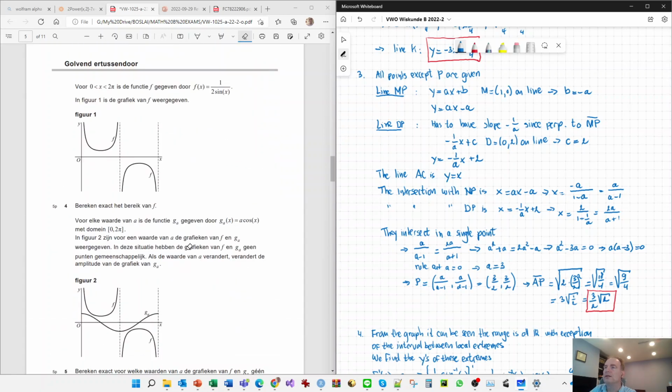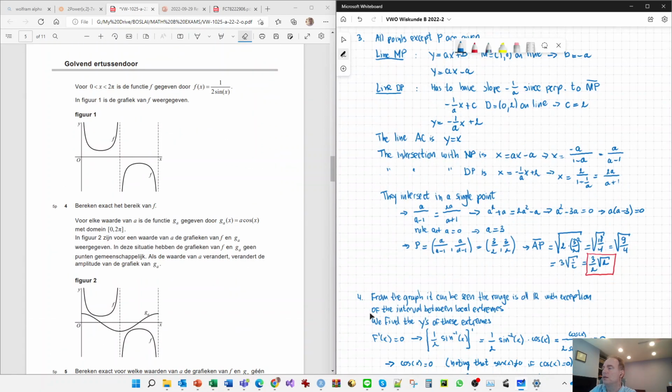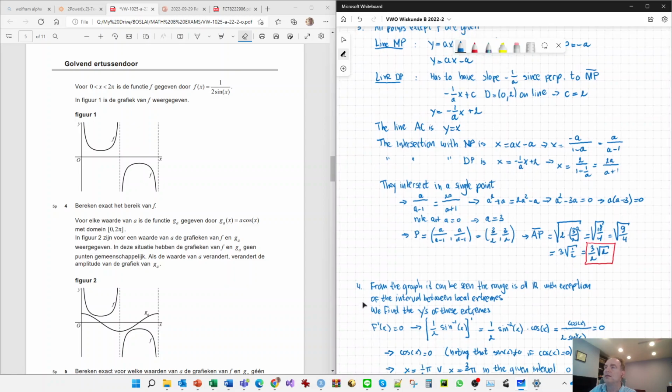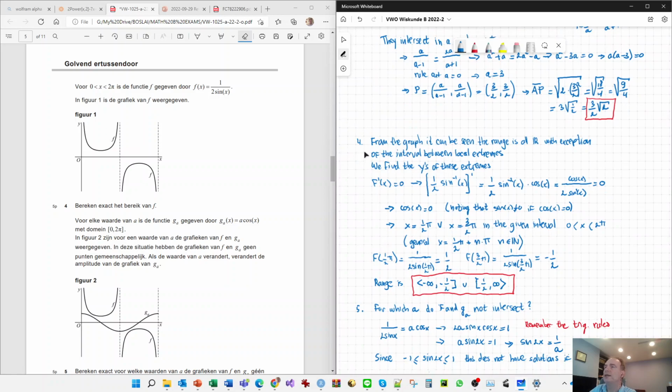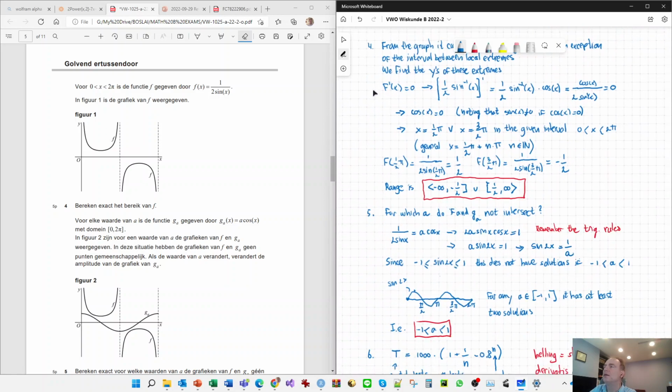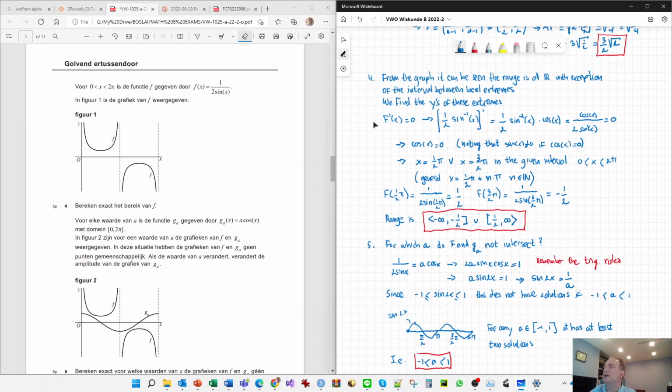All right. So we have a function defined from 0 to 2 pi, given by 1 over 2 sine x. And they want to calculate the bereik, which is the range.